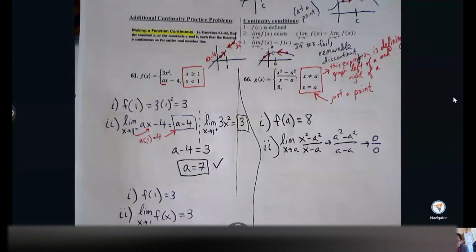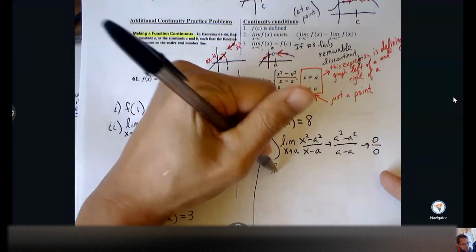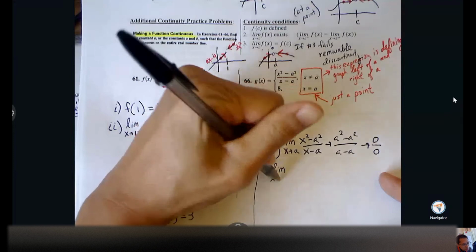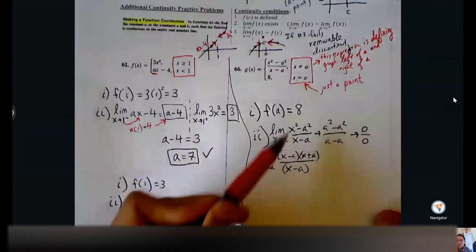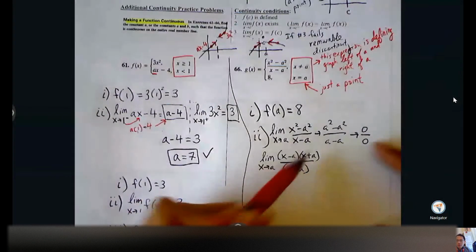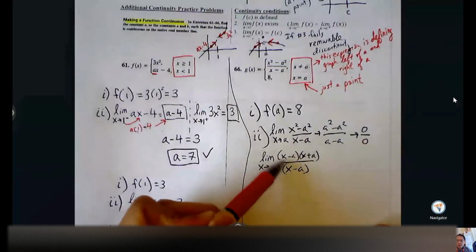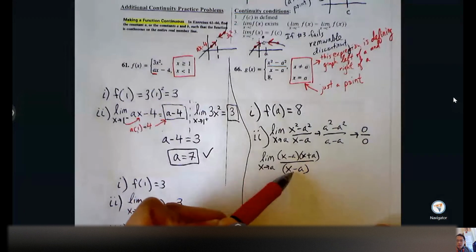There's an answer at the end of this process. We just have to do a little bit of cleanup, right? Eliminate the hole, reevaluate. Difference of squares. Just like what we expected, right? When you see 0 over 0, you're expecting something that matches that we can remove.